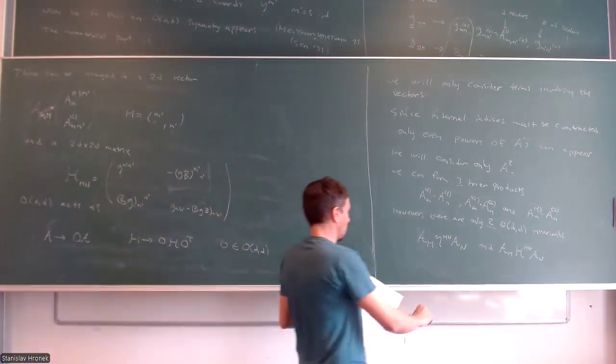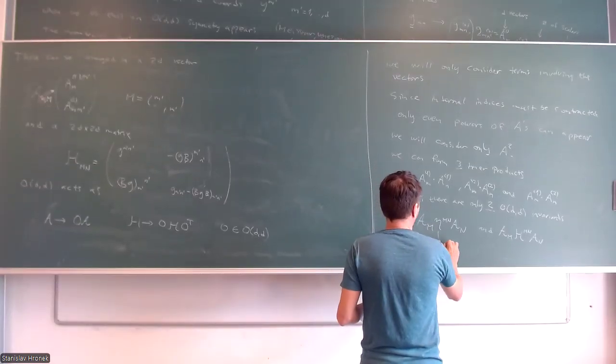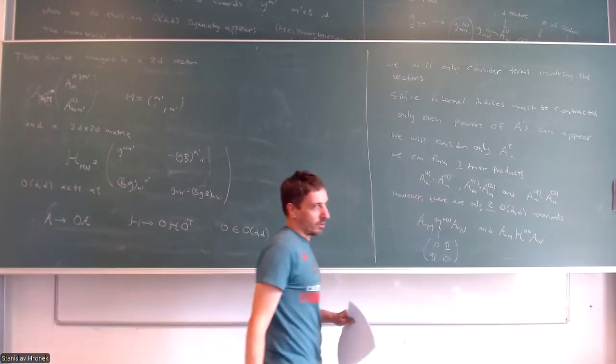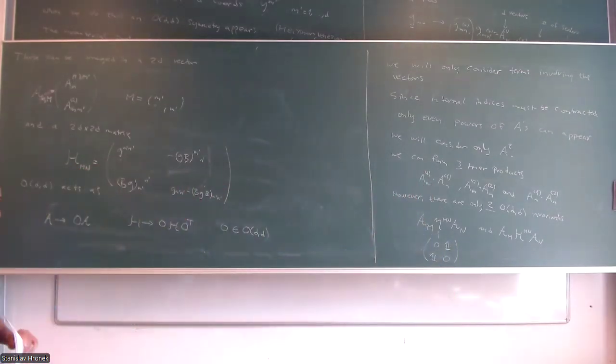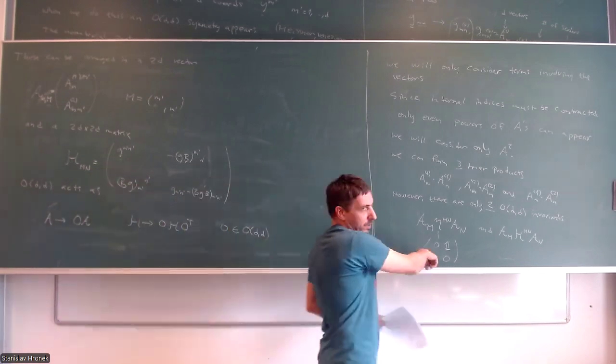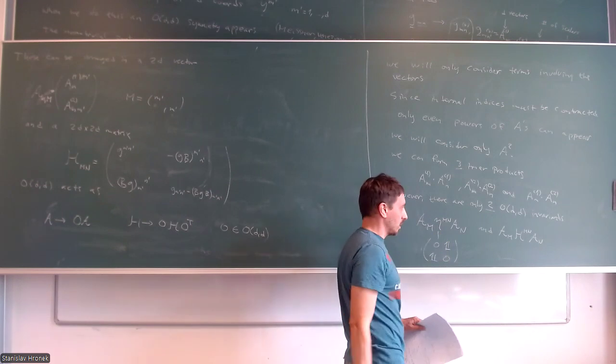Okay, I should say what this is. This is the O(d,d) metric, which is just ones off the diagonal. And the H within this is H contracted with two of these, so we raise and lower indices.